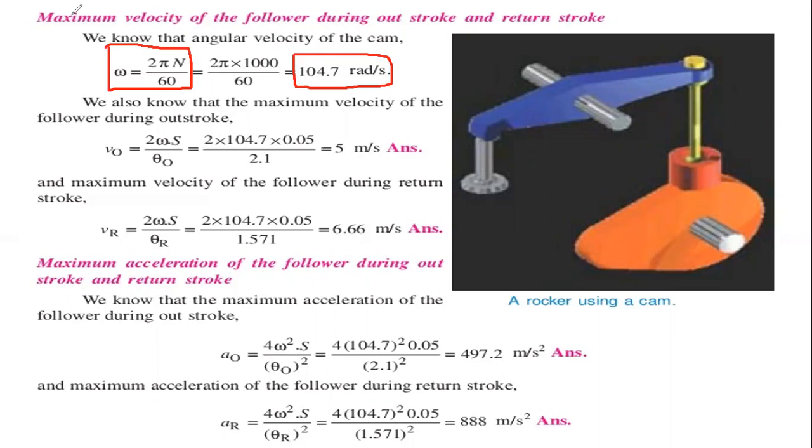Firstly, we need to take the maximum velocity of the follower during the outstroke.